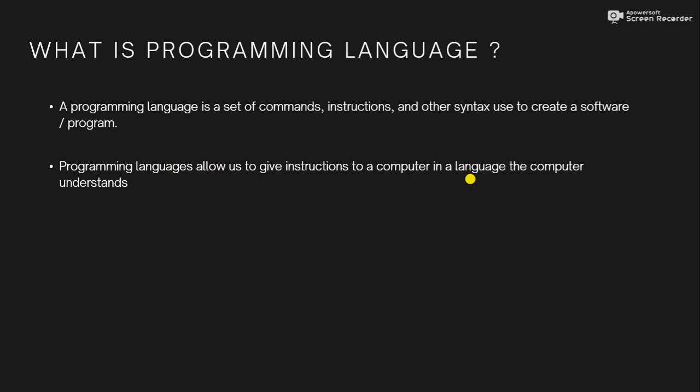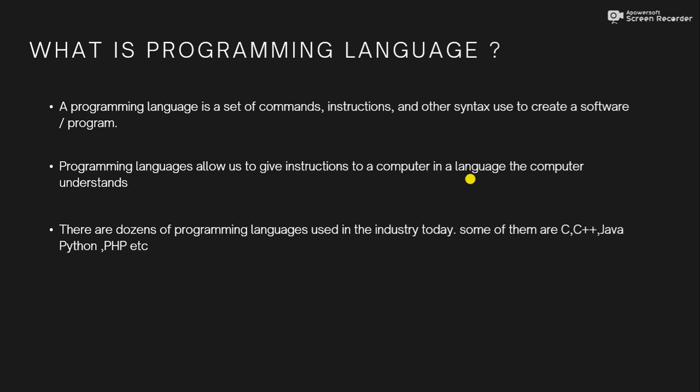So a programming language gives us the ability to instruct a computer, or we can use it to write programs with which a computer can solve real life problems. In simple words, a programming language is a language that is used to write software or programs.